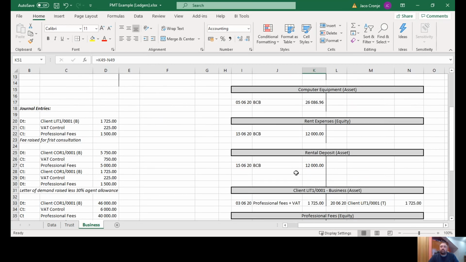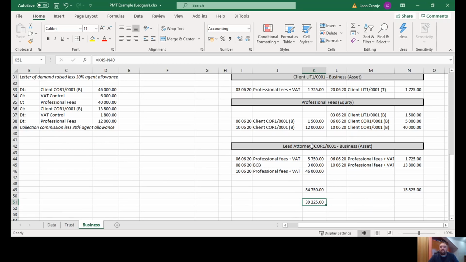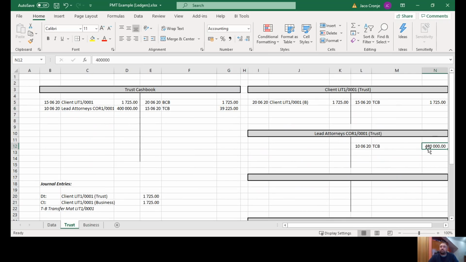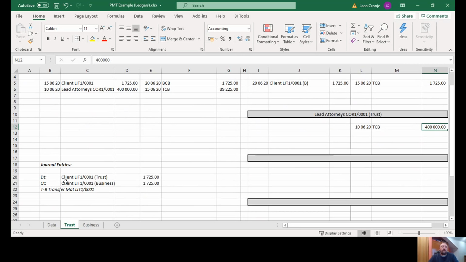Okay, but now what's the problem? My ledger here still shows that they owe me that money. And in trust, it still shows that they have 400, which is not correct because I transferred a portion of that into business. So now we need to do the value step.